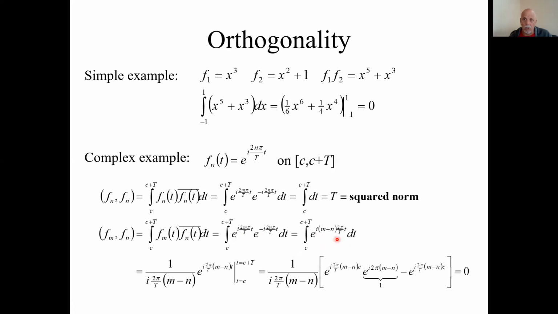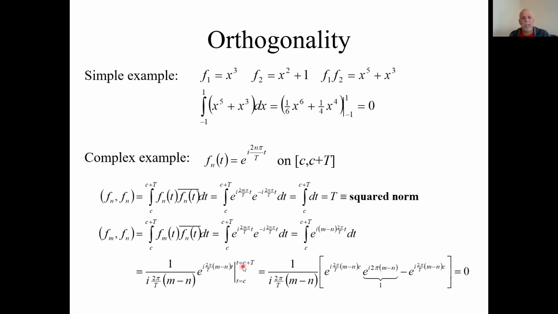So this is what I'm integrating now. We can integrate that. That's just e to an exponent. We'll divide by everything up in the exponent except the little t, and then evaluate what's left. Evaluate it between these two points, t equals c to t equals c plus capital T.